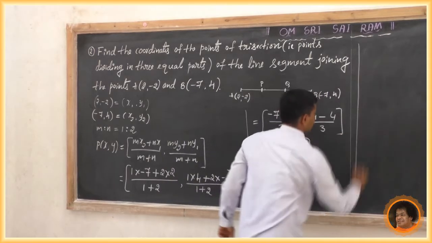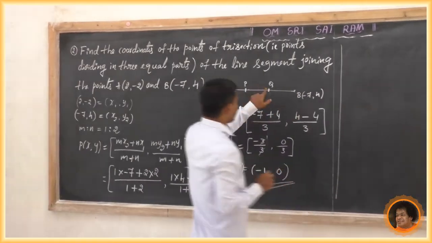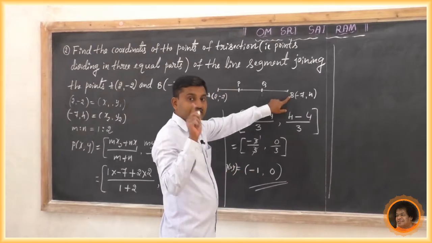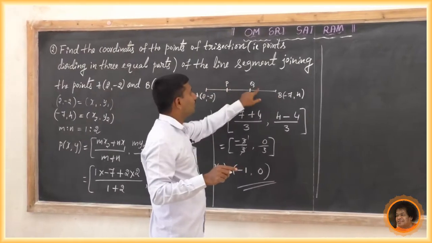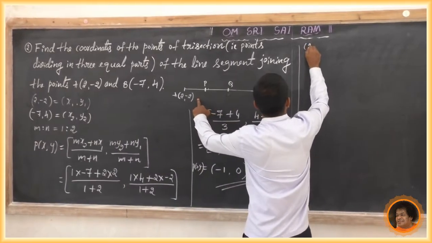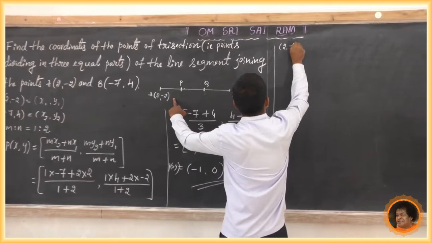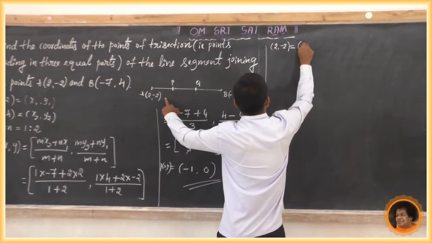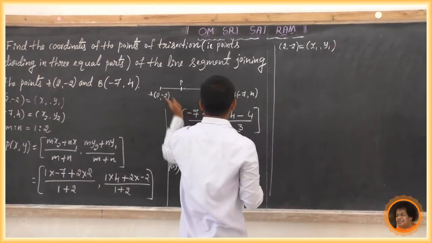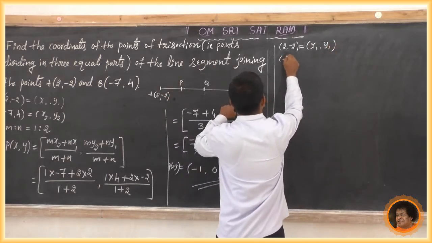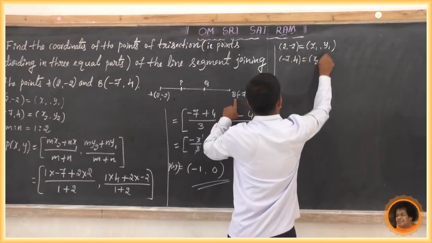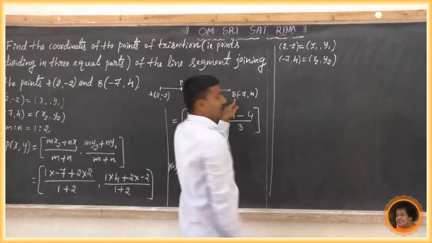So the first method: Q divides AB in the ratio 2:1 internally. So the coordinates of the point A, (2, -2), let us consider as x1, y1. And the coordinates of the point B, (-7, 4), so this is x2, y2.